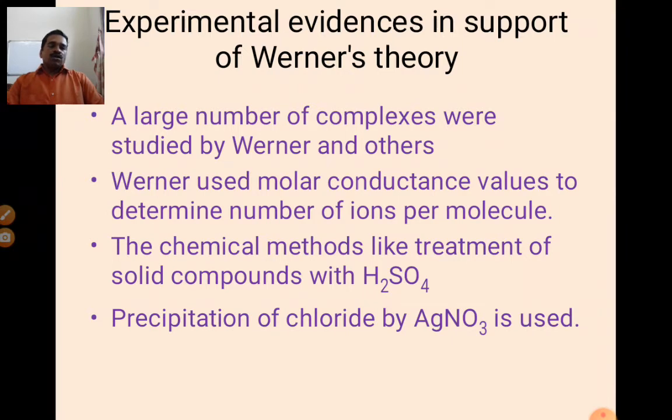Werner used molar conductance, as we have said already, to find out the number of ions per molecule. He used precipitation of chlorides by silver nitrate, as we have said already, and he used treatment of these solid complexes with H2SO4 to find out the number of chloride ions.